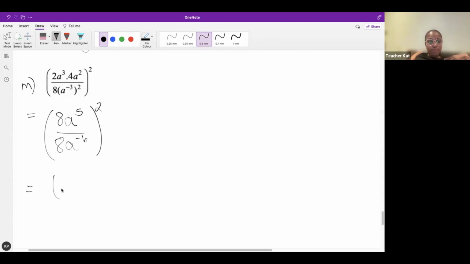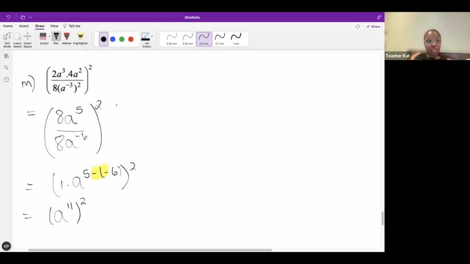So this is 1. And then it's going to be times a to the power of 5 minus -6. This is all still raised to the power of 2. Again, we have this negative situation, which becomes a positive. So it's going to be a to the power of 11 to the power of 2. And now what do we do with our final exponents?